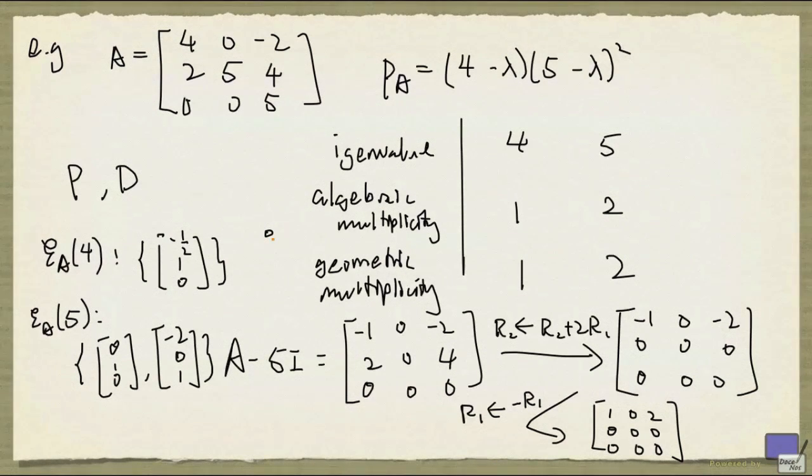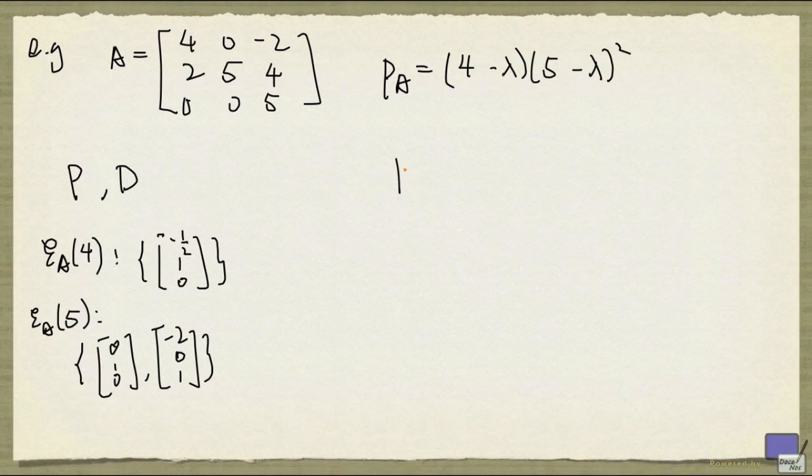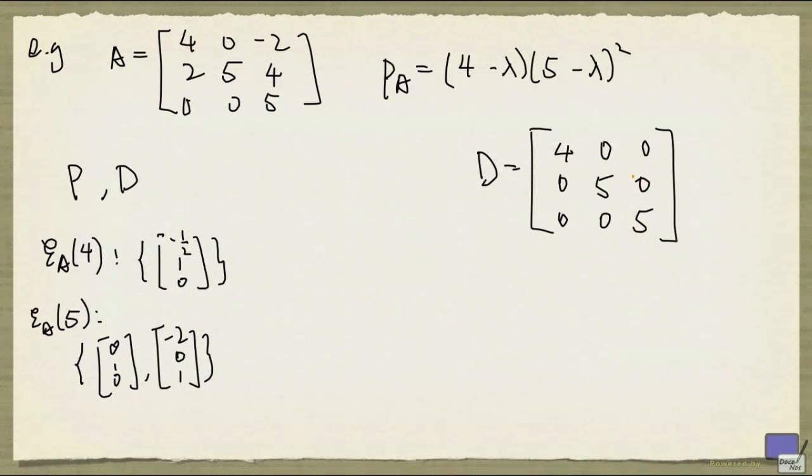Now once we have these two bases, we can form D and P as follows. For the matrix D, you just put the eigenvalues on the diagonal, and we include multiple copies as indicated by the geometric multiplicity. So here I can put 4, 5 and 5, because 5 has geometric multiplicity 2.